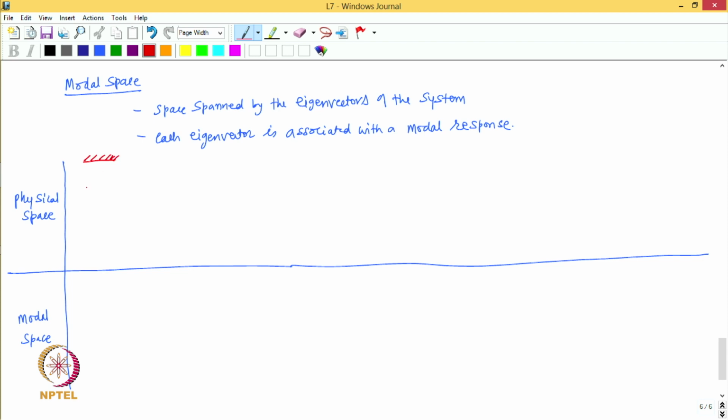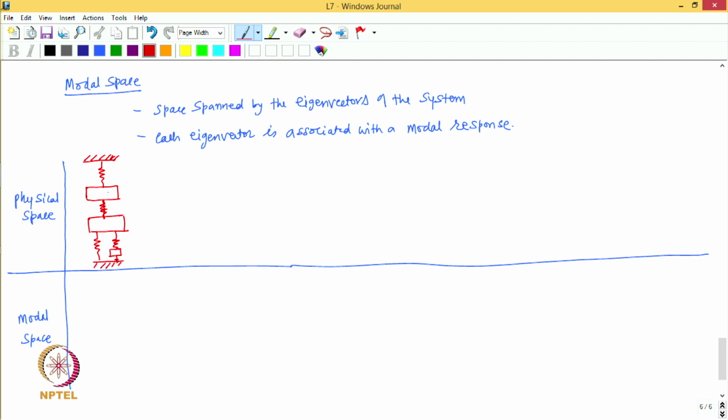Let us say we have a mass here and then a spring here, then another mass here, and then the spring here, another mass here and the spring here.